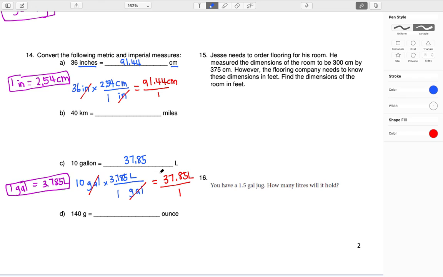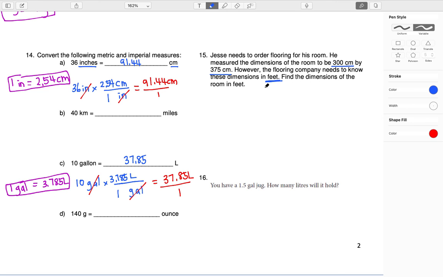Okay, so then let's try the last question for today, which is number 15. So Jesse needs to order flooring for his room. He measured the dimensions of the room to be 300 centimeter by 375 centimeter. However, the flooring company needs to know these dimensions in feet. Find the dimensions of the room in feet.